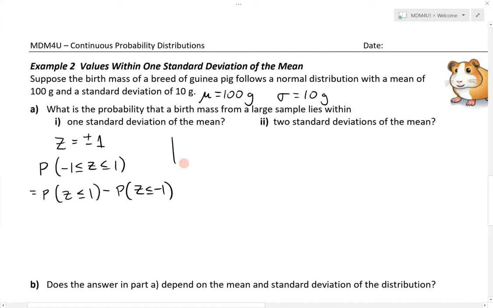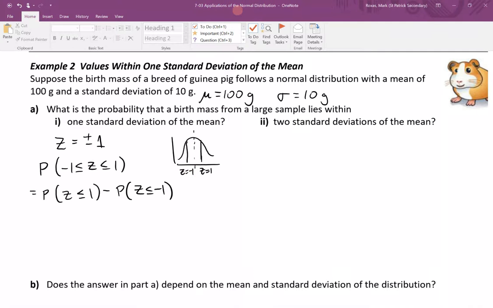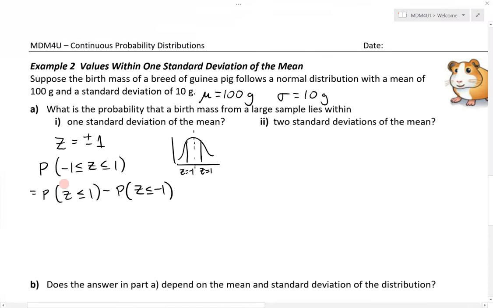Okay, because again, think about the graph. Here's a standard deviation. Here's your mean value. Z positive 1 over here, Z negative 1 over here. So Z equals 1, Z equals -1. So if I find the probability that Z is less than or equal to 1, that's giving me the area of this portion of the graph.